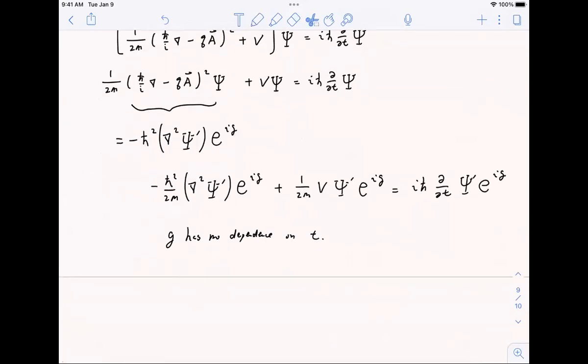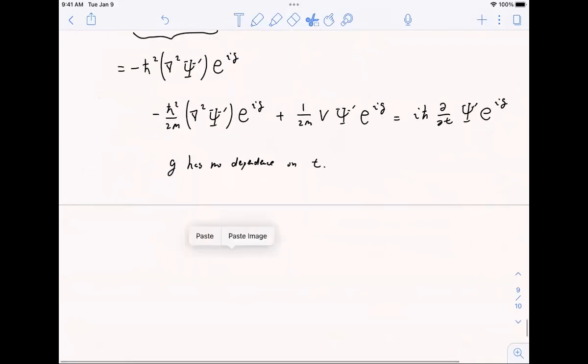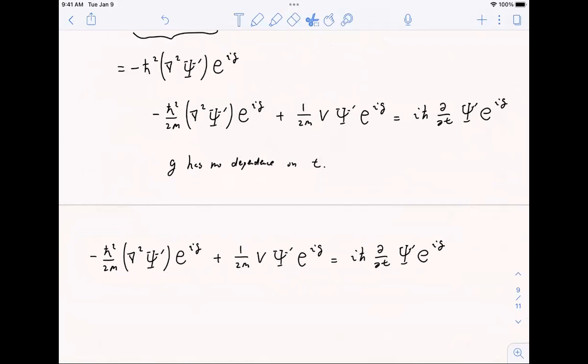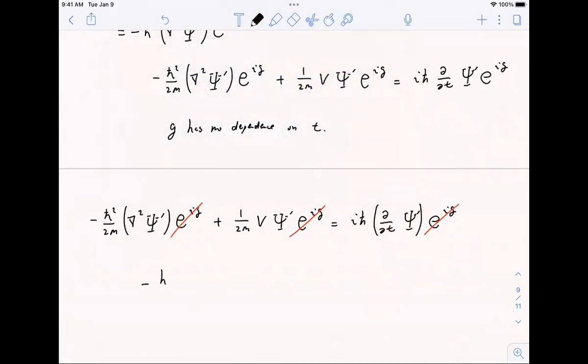So that means this is just a multiplication. So that means you can actually group this together. The G goes out. The good thing is that now this one gets canceled. The whole G is removed. So you get a simplified Schrodinger equation.